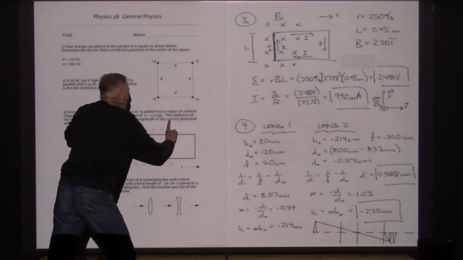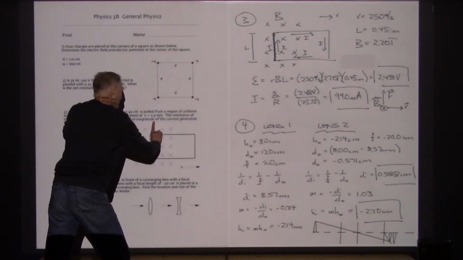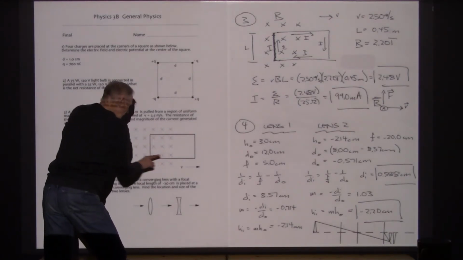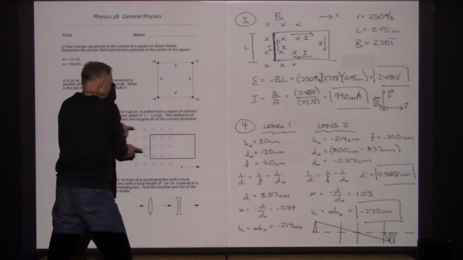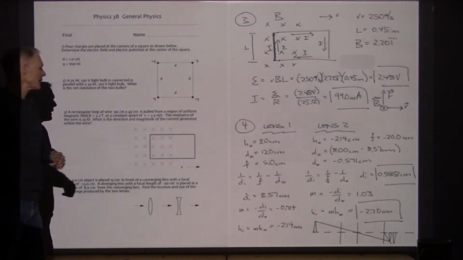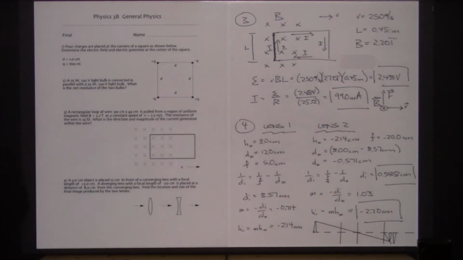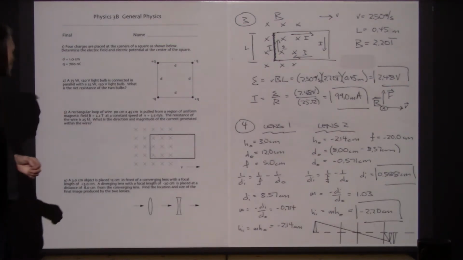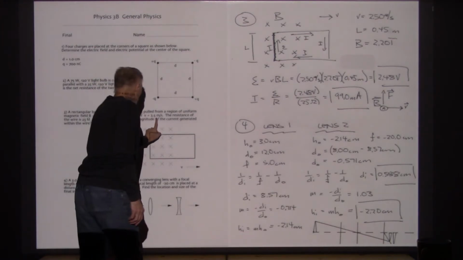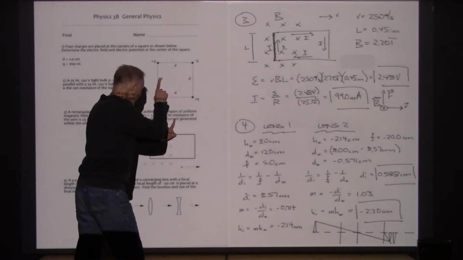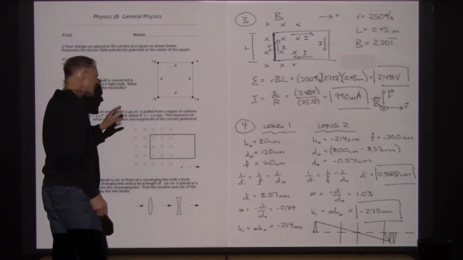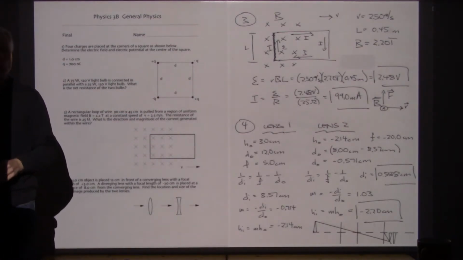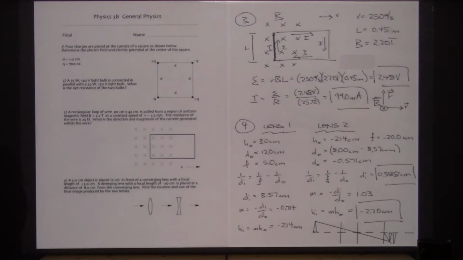Now, forces on the protons in this direction along the horizontal segments of the rectangular loop, that's not going to push charges along. So the forces on the protons are upwards, and the forces on the electrons are downwards, but that's sideways. And it's not going to move the electrons along that loop.